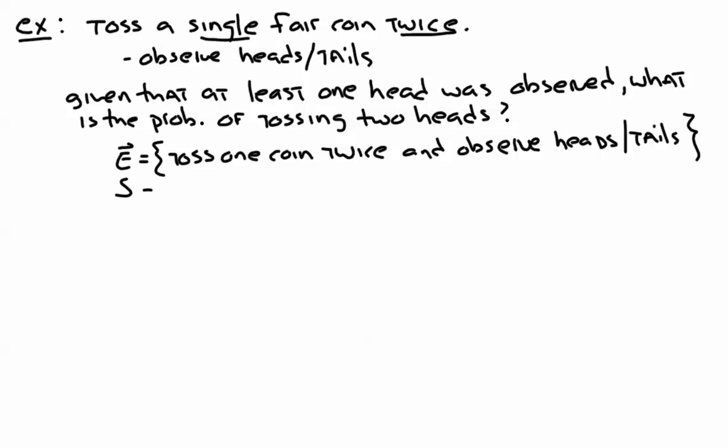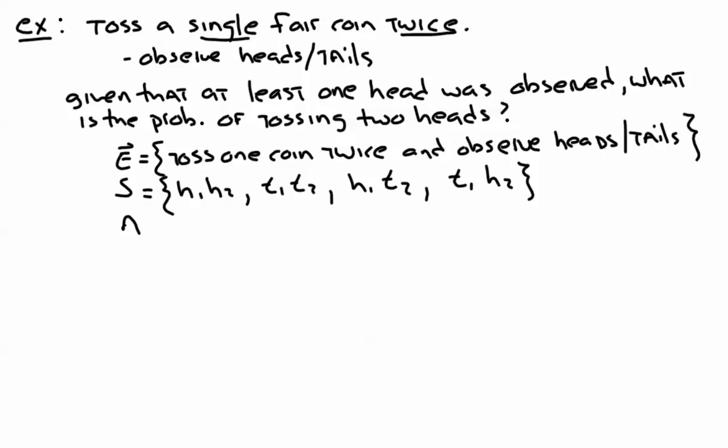The sample space has four equally likely outcomes: head one, head two; tail one, tail two; head one, tail two; tail one, head two.